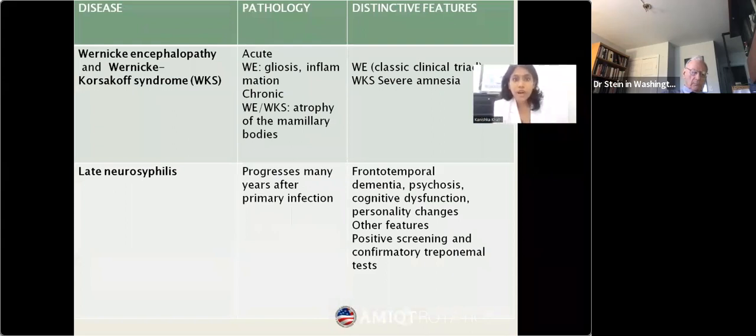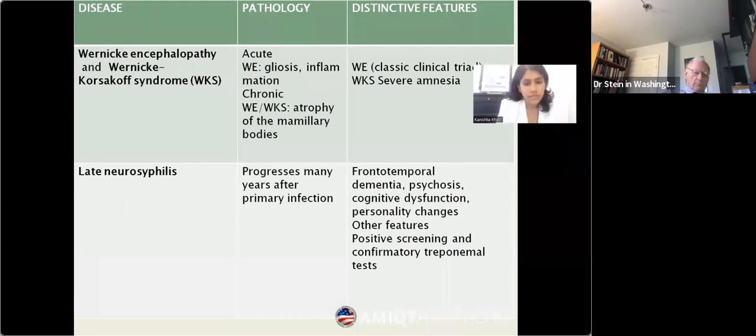Wernicke-Korsakoff syndrome, which is the chronic entity of Wernicke, is characterized by a severe anterograde and retrograde amnesia, coupled with confabulation, which is the patient making up stories to compensate for the memory loss. The pathology reveals gliosis and inflammation in acute WE, and Korsakoff syndrome will have atrophy of mammillary bodies.